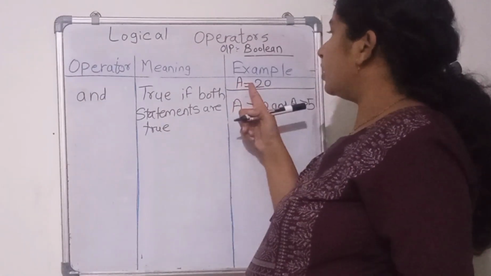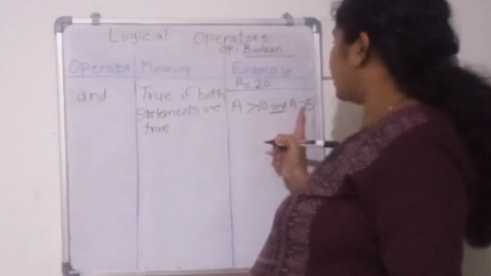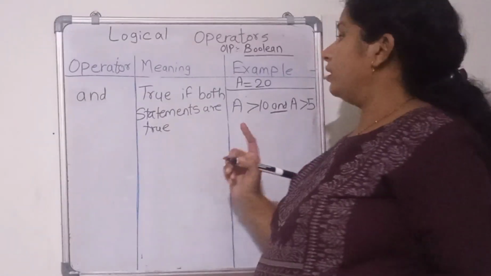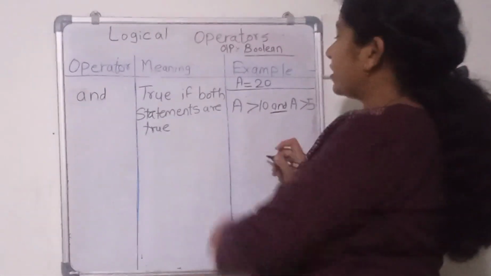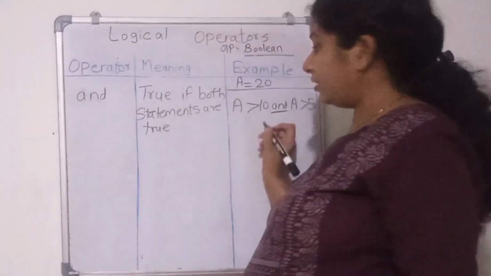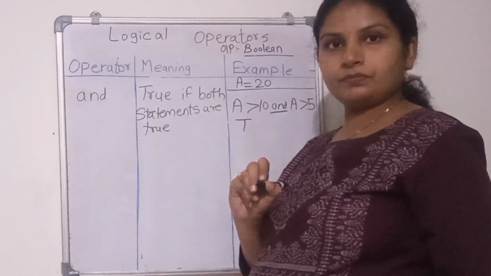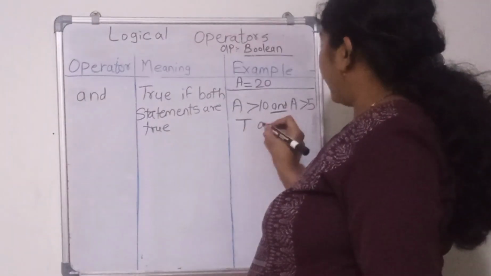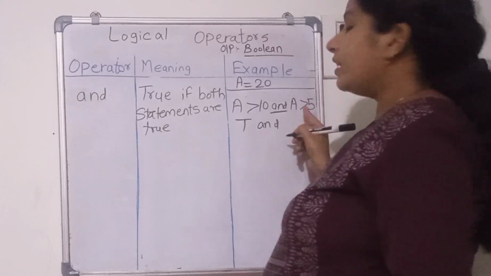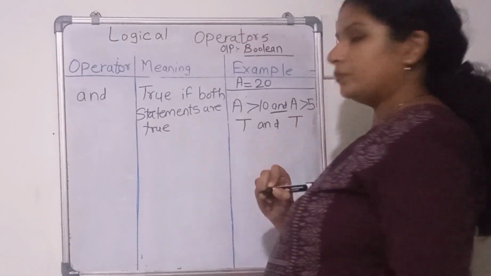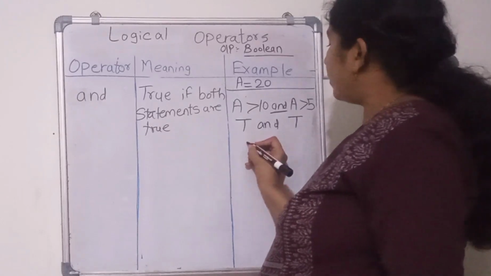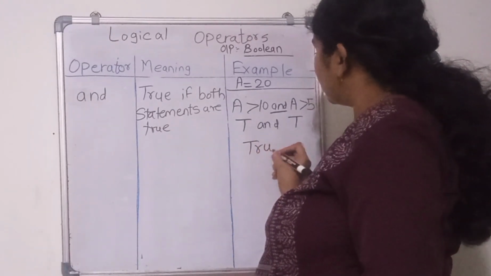So we are checking if a value is greater than this and this, right? Here a is equal to 20. So our first statement, a is greater than 10, is true, and a is greater than 5 is also true. So our result is true.